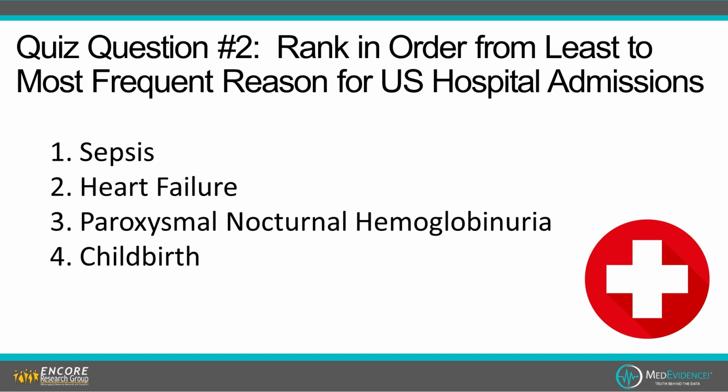So in light of that concept, we want to create this question. Rank in the order from least to most frequent reason for U.S. hospital admissions. 1, sepsis. 2, heart failure. 3, paroxysmal nocturnal hemoglobinuria. Or 4, childbirth.